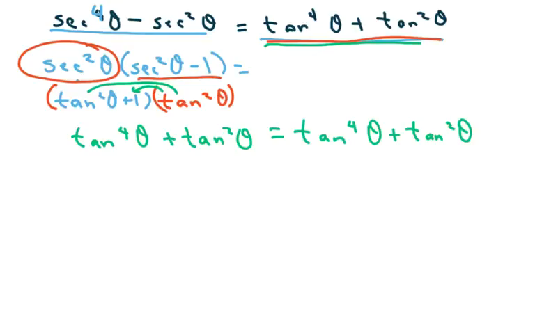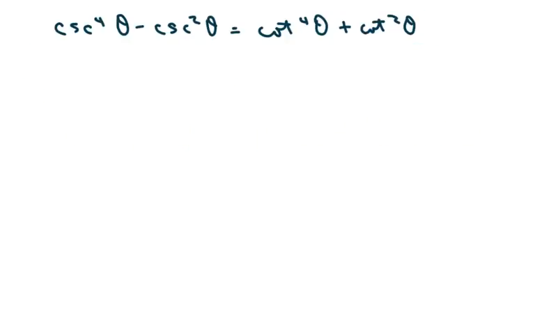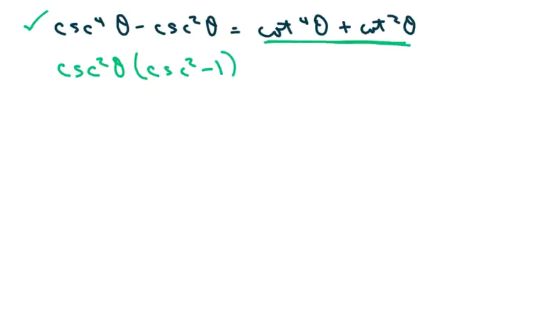Right? And the next one's the same way. So we're going to go ahead and factor out cosecant squared. You ought to try this one on your own and pause the video, but it's the same as the other one. You have cosecant squared of theta times cosecant squared of theta minus 1 after you factor it out. We want it to equal that, so we keep that in mind. And this equals cotan squared of theta plus 1.